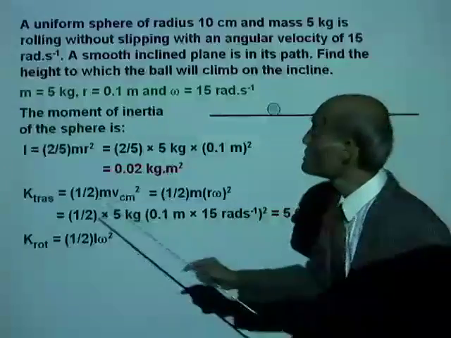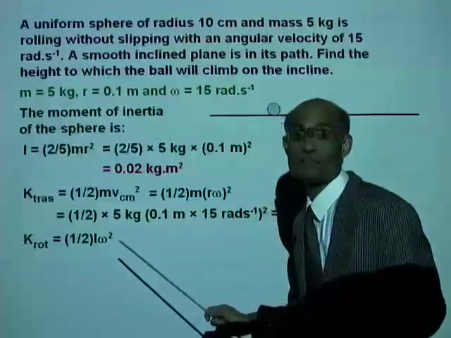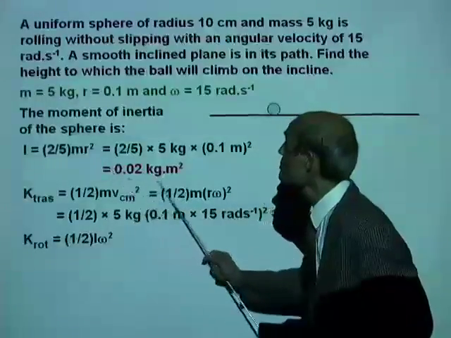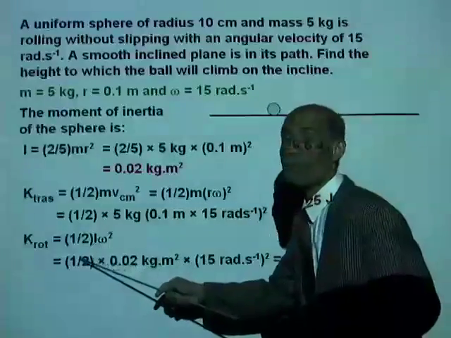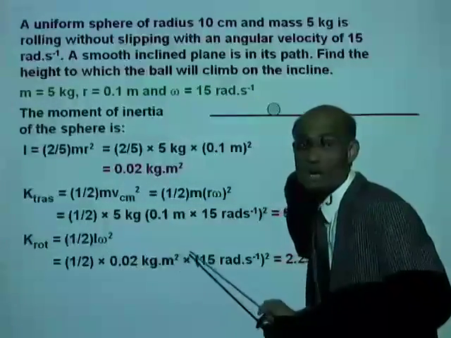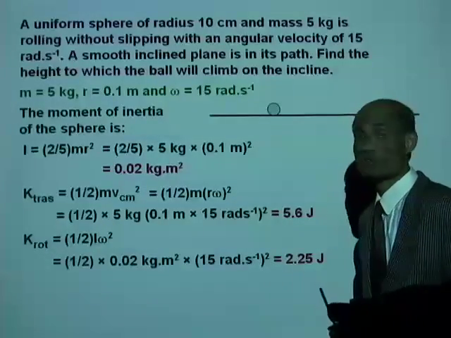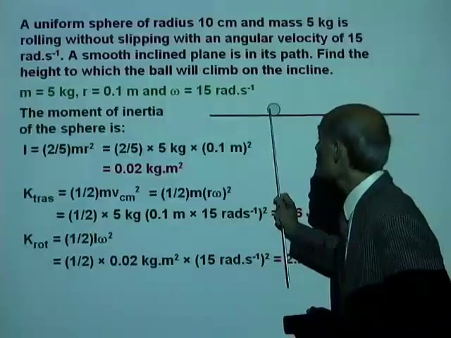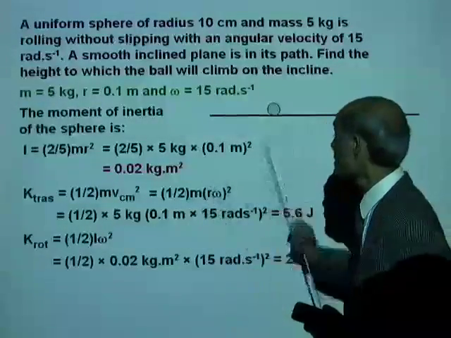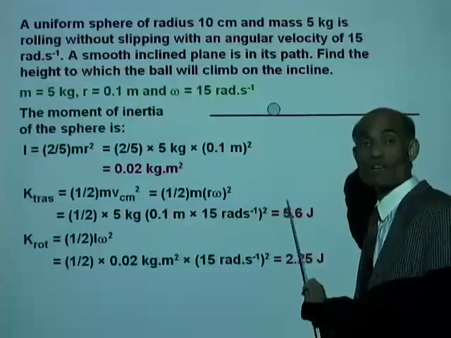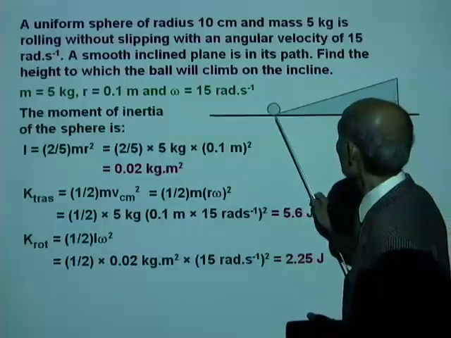What is the kinetic energy of rotation? 1/2 I omega squared. And we know the value of I, we know the value of omega, so that will be 1/2 I times omega squared. That is 2.25 joules. So when this sphere comes to the bottom of that inclined plane, it has a total kinetic energy of 5.6 plus 2.25.